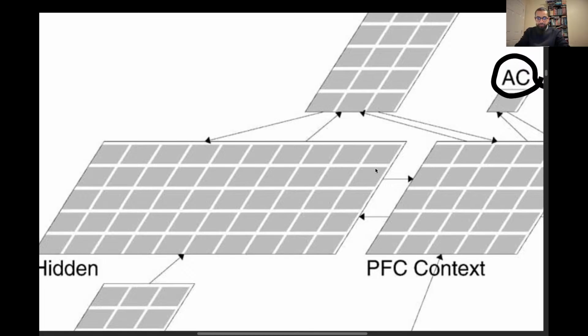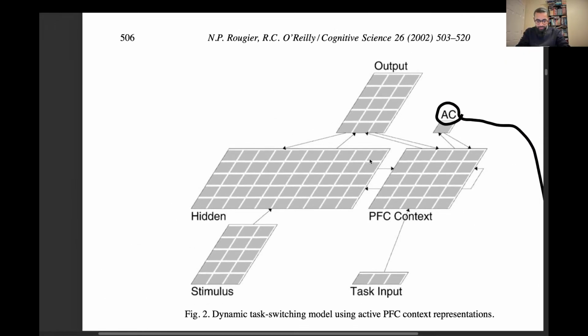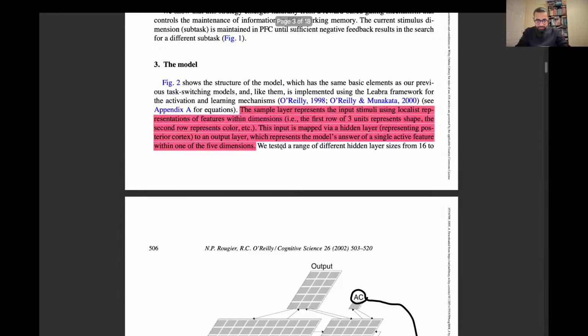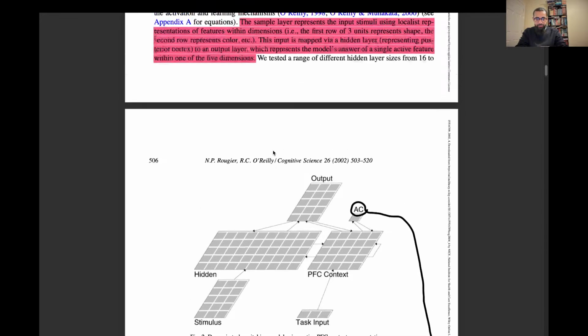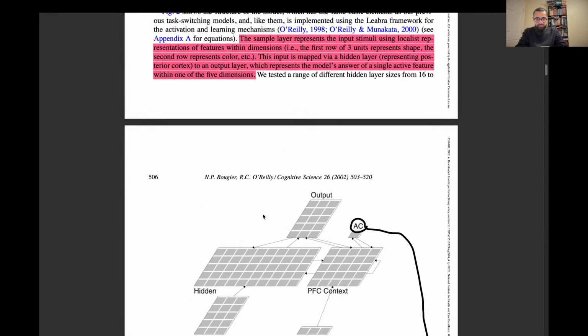Okay, now this input is mapped via a hidden layer representing posterior cortex to an output layer, which represents the model's answer of a single active feature within one of the 5 dimensions.